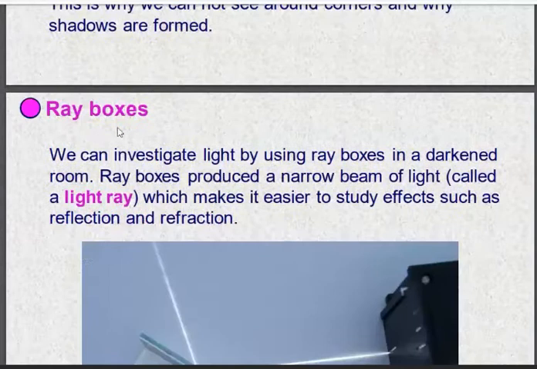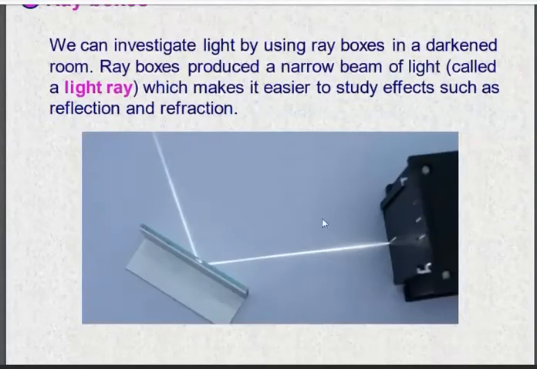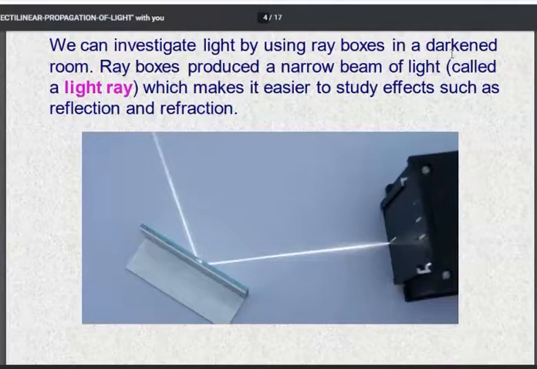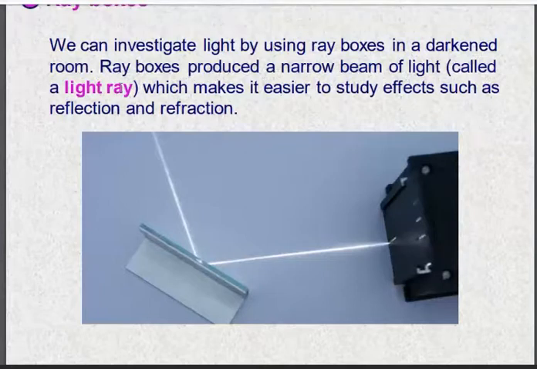Now, ray boxes. Let us check out. We can investigate light by using a ray box. In a darkened room, a ray box produces a narrow beam of light called a ray of light. That means a very small part of a beam of light is called a ray of light, which makes it easier to study effects such as reflection and refraction.